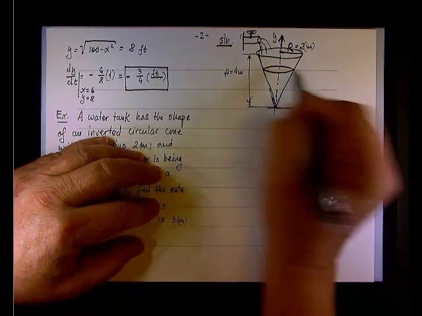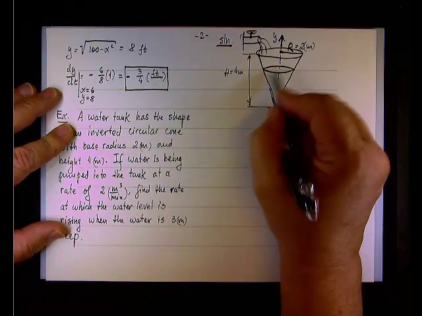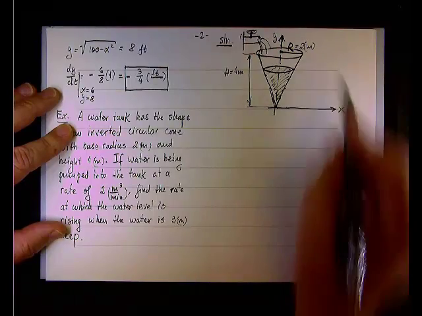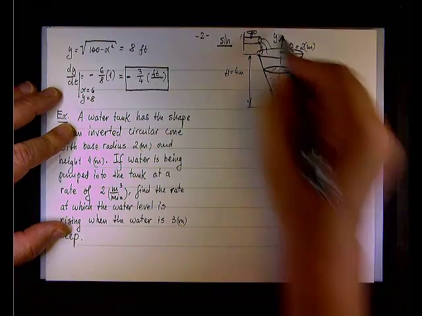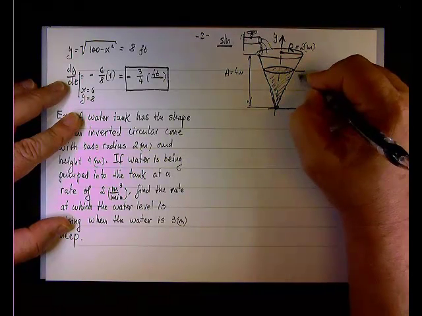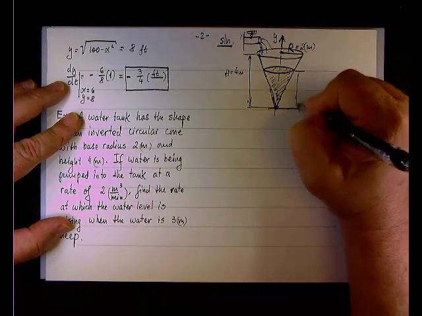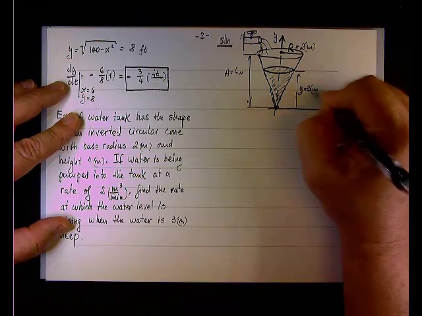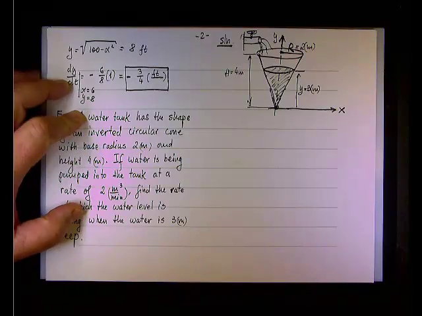So let's say at the time when we discuss this, the water level is 3 meter deep. So this direction is y, so we're talking about a case where this quantity y equals 3 meter, right?